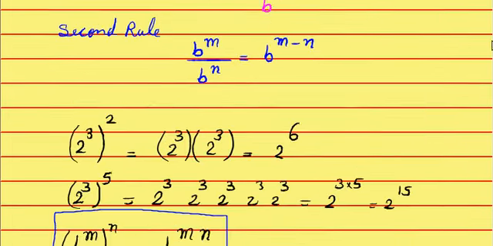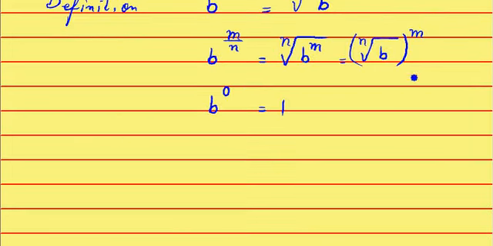So what's the reason that we come and define b to the power of 0 to be 1? Here is a justification. There has to be a reason we are making these peculiar definitions. Suppose I had b squared divided by b squared. Well, these are the same numbers. If you divide them, you're supposed to get 1.